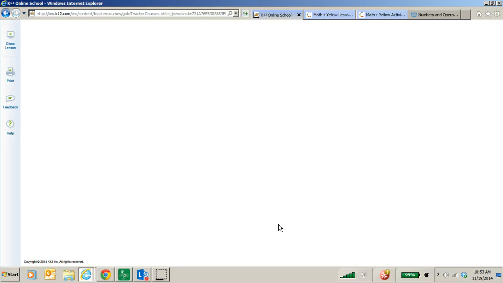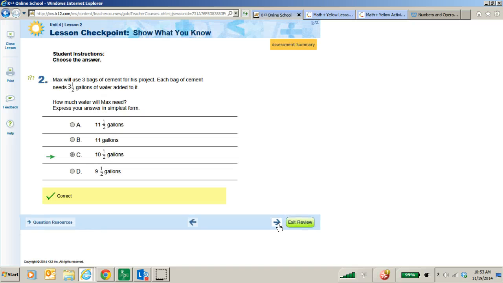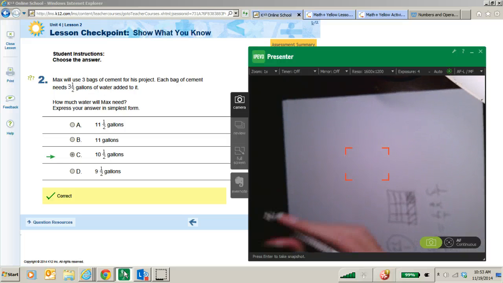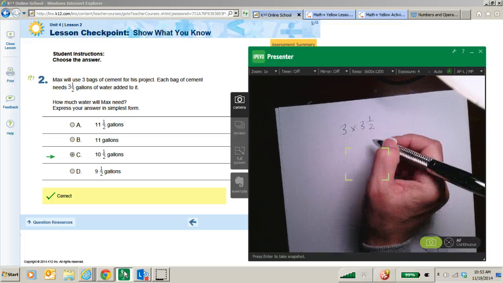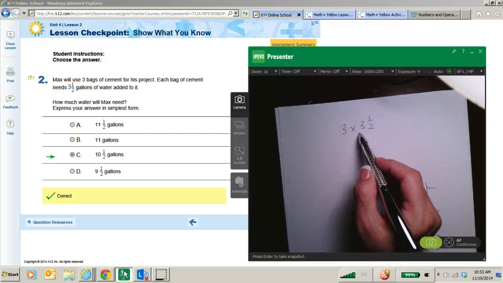As we move on, there's going to be some work with mixed numbers. So here it says Max will use 3 bags of cement for his project. Each bag of cement needs 3 and 1/2 gallons of water. So if I use my document camera again, and I have 3, but I want it 3 and 1/2 times, or 3 1/2, 3 times. Remember, with the commutative property you can go back and forth.